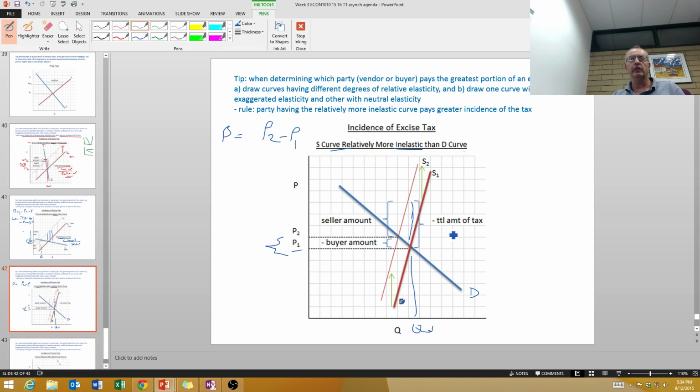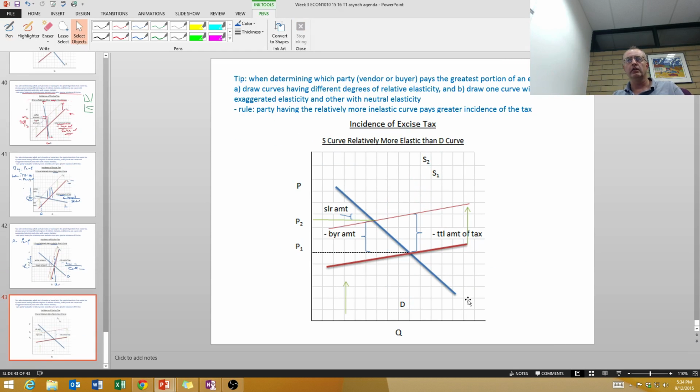And the vendor amount equals the total amount minus the buyer amount equals the seller amount. And we can see, again, in this case, the seller bears a relatively high portion of the tax. And then the final scenario is here's our demand curve again.